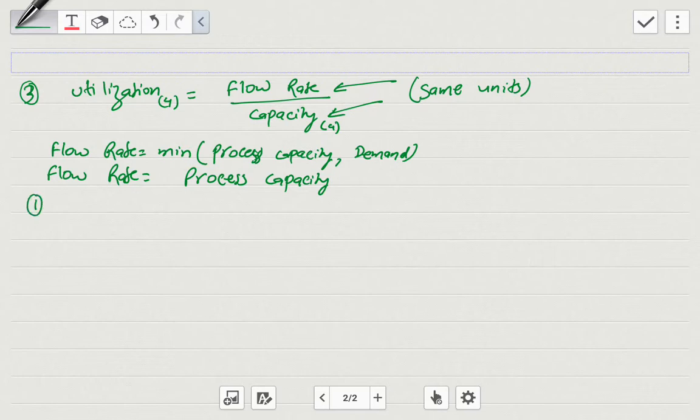First, let's calculate this utilization using units per hour. So using units per hour, we want to find out what the flow rate is, and what the capacity of station 4 is.